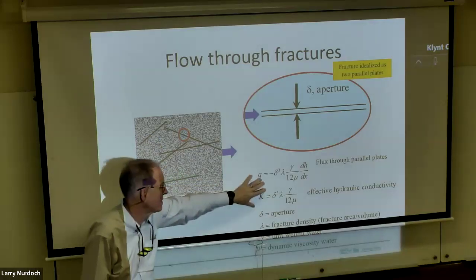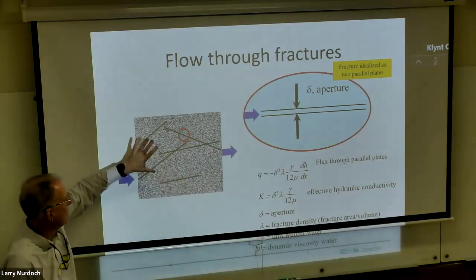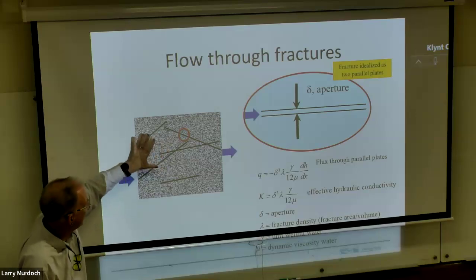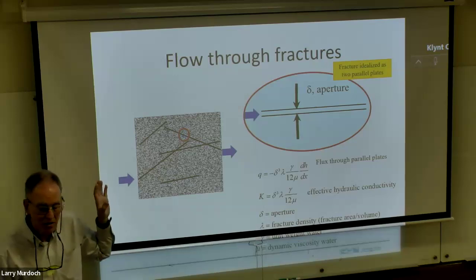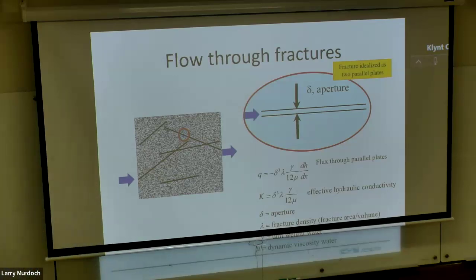So this allows us to go from a conceptual model that is a block with fractures in it and generate an equivalent hydraulic conductivity for use with things like MODFLOW.